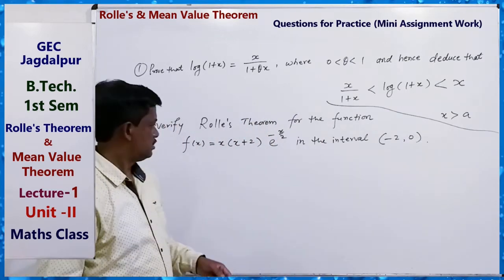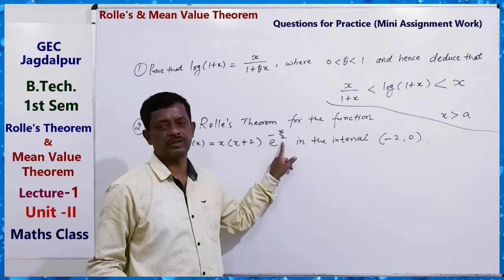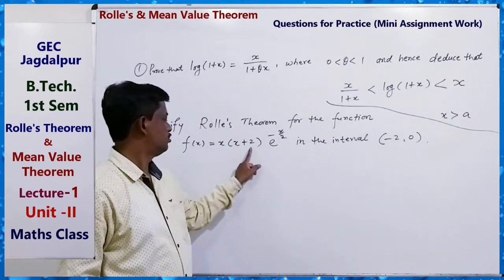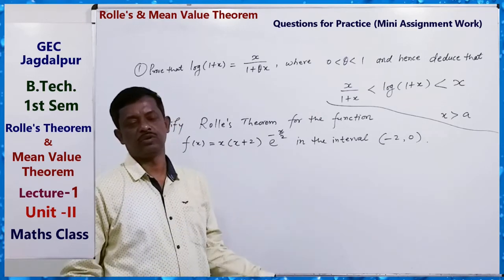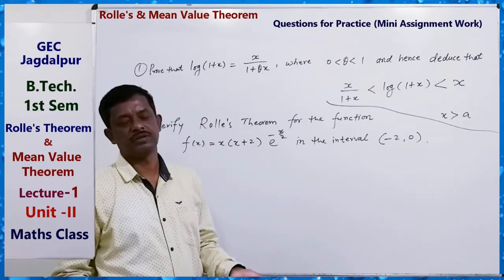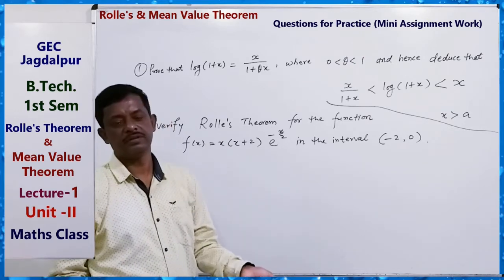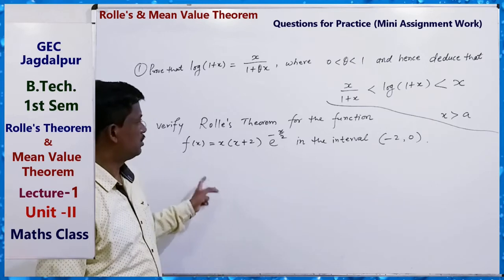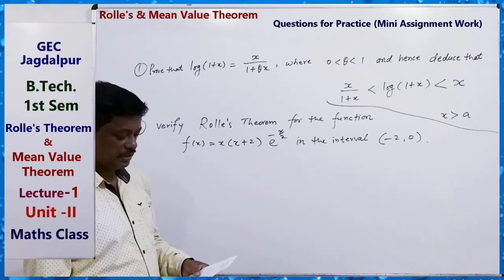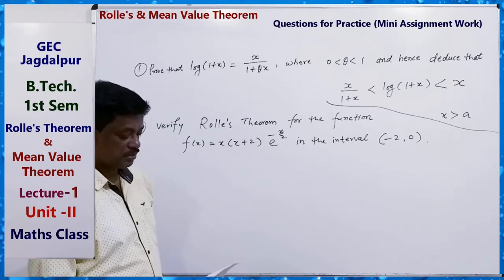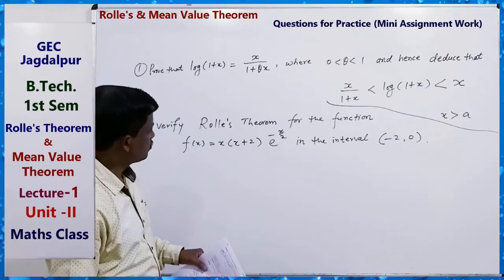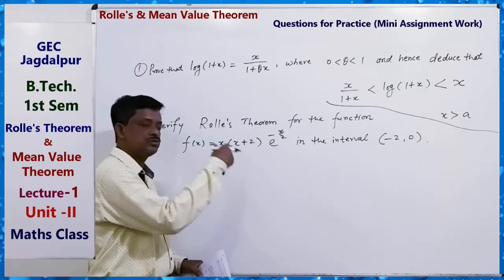Just you can see that this is an exponential function, and this is a polynomial, and multiplying them you get a continuous function, which is also differentiable. For Rolle's theorem, we see that f(minus 2) equals 0 and f(0) equals 0.